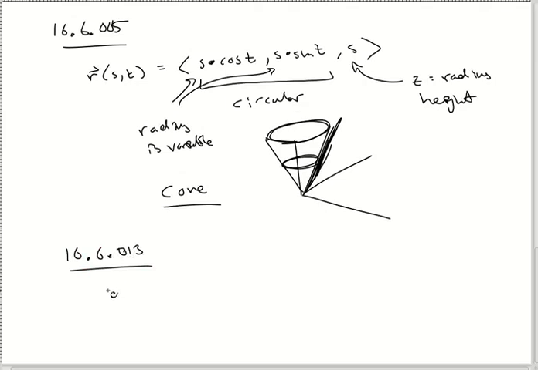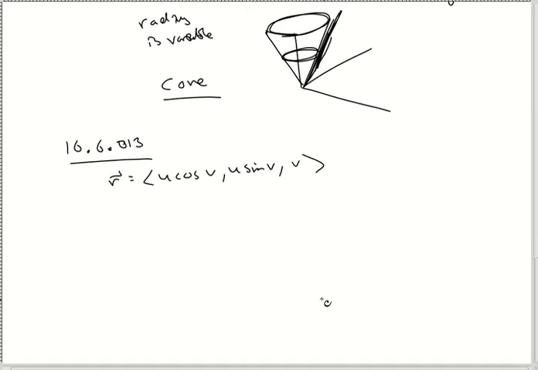16.6.13. So now I got little r equal to u cosine v, u sine v, v. Now notice this time it's a little different. We got circular, just like last time, but notice that z is equal to v, which is kind of like my theta, my angle.